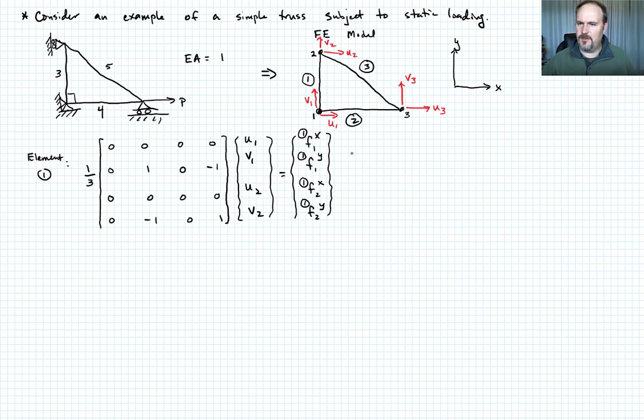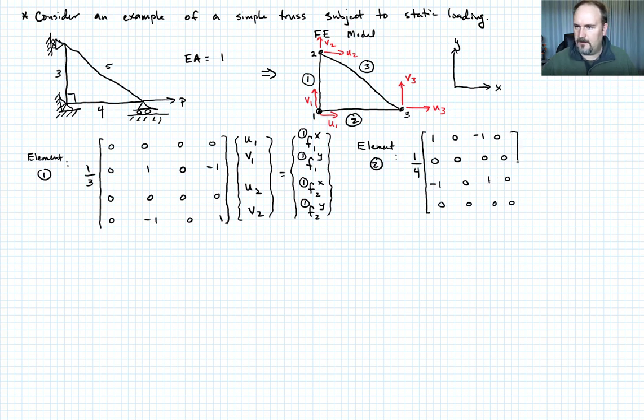How about for element 2? Element 2 is very similar. We have a length of 4, so the factor out front becomes 1/4. Our top row is 1, 0, -1, 0, and then the next row is all zeros. The next row is -1, 0, 1, 0, and the final row is all zeros.